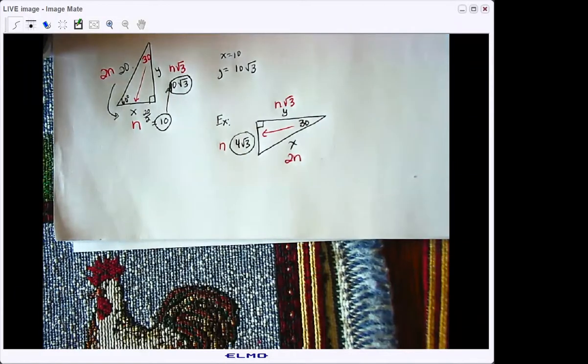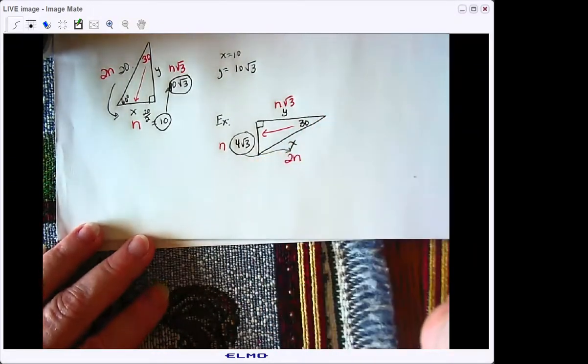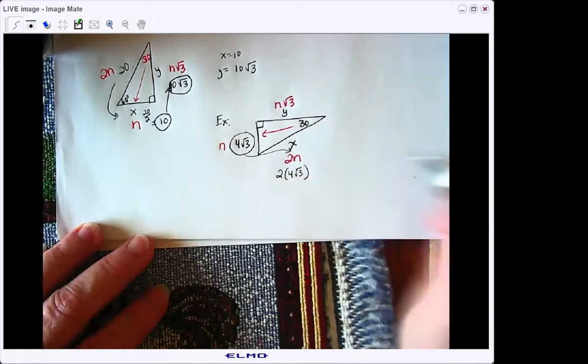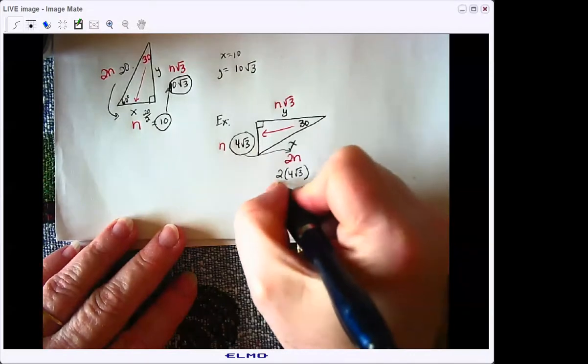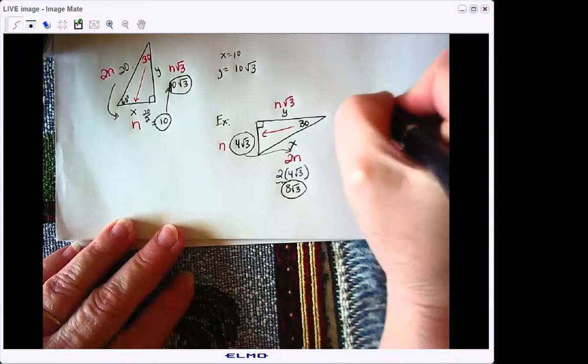And if you remember from last week, all we're going to do is substitute in its place over here what we need to. So this becomes 2 times 4 root 3. What does 2 times 4 root 3 give us? 8 root 3. Now we multiply outside numbers with outside numbers, inside numbers with inside numbers. So there's my x.